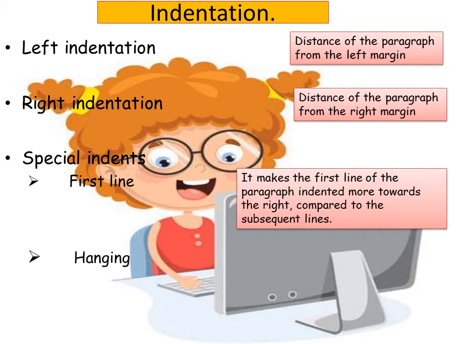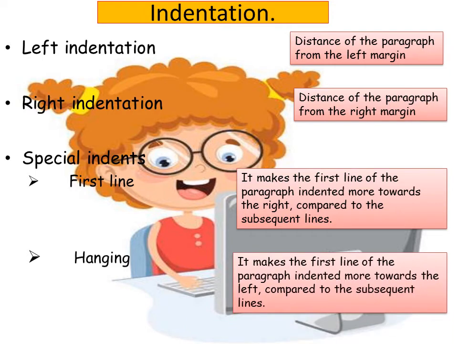There are 2 special indents. First line, it makes the first line of the paragraph indented more towards the right compared to the subsequent lines. And the next one is hanging. It makes the first line of the paragraph indented more towards the left compared to the subsequent lines.